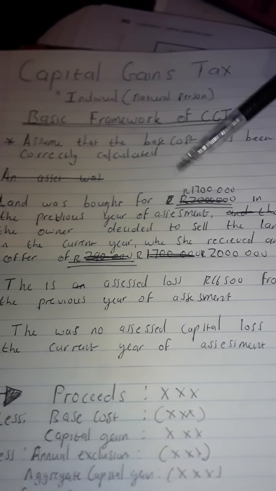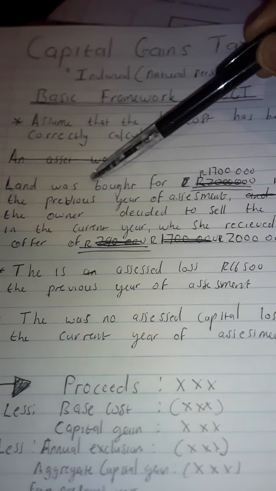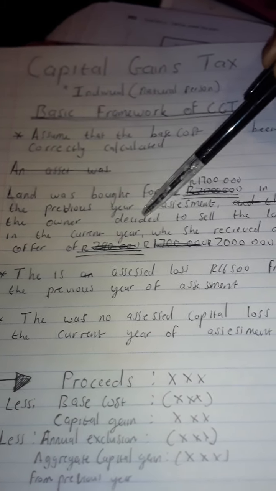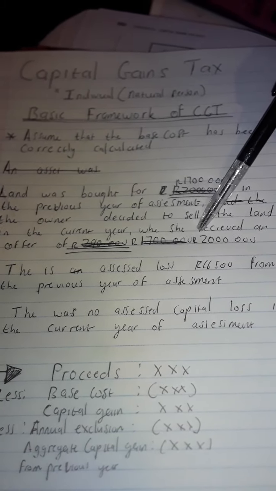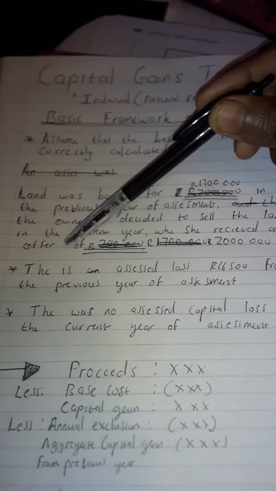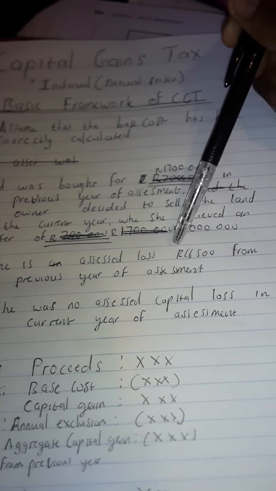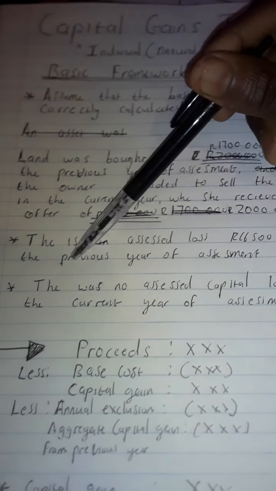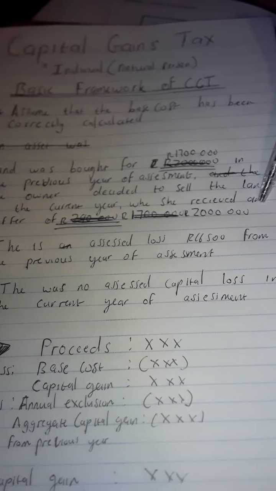Land was bought for 1.7 million in the previous year of assessment. The owner decided to sell the land in the current year of assessment when she received an offer of 2 million. Some of the things that you can note in this situation is that there is an assessed loss of 16,500 from the previous year of assessment. There was no assessed loss in the current year of assessment.